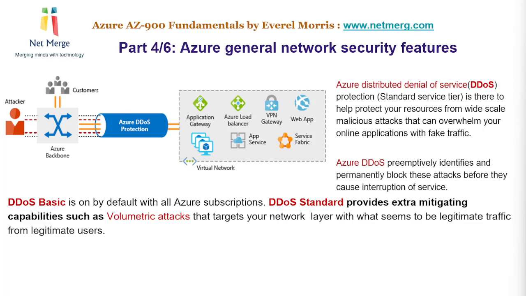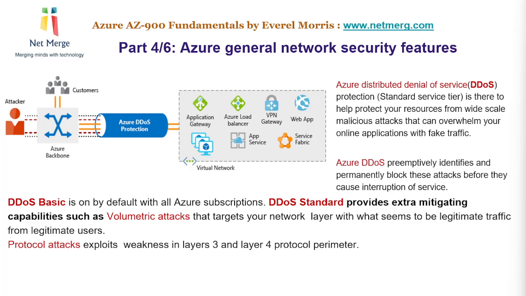So if you want that extra protection, you would have to get the standard plan in the DDoS. Otherwise, you're using the basic solution. So up here, what we spoke about is the standard solution. You need to understand that for your exam and your own purposes, there are two different services when it comes to denial of service.